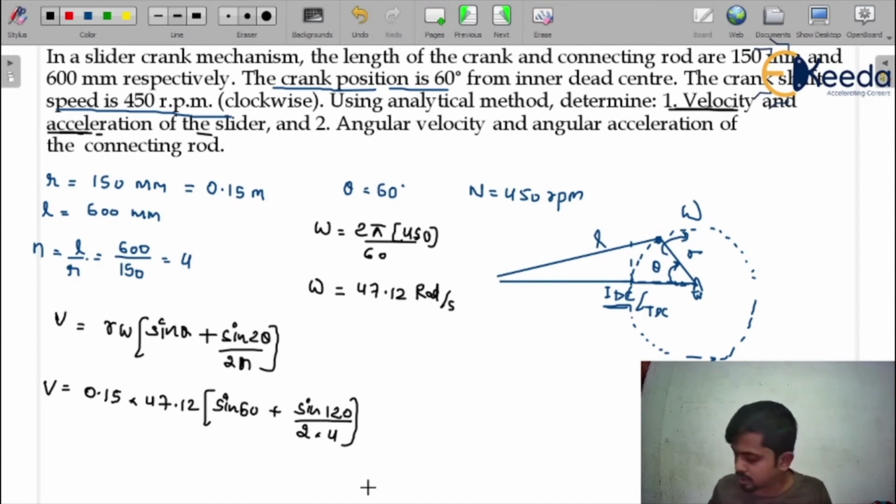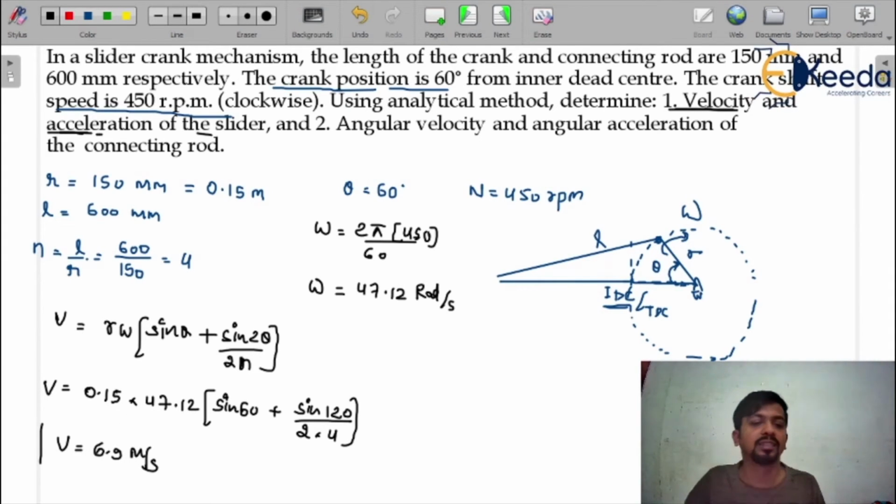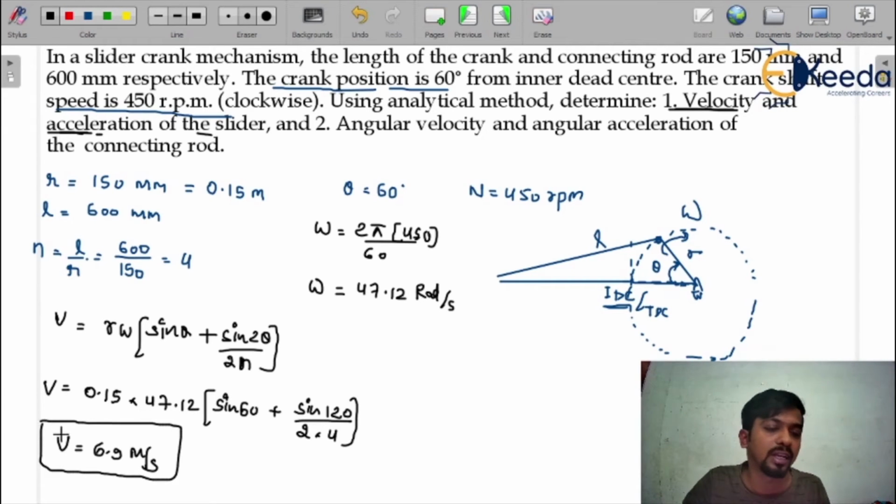When you solve these equations, you will get the velocity of the piston or slider, that is 6.9 meter per second. So this is the answer.